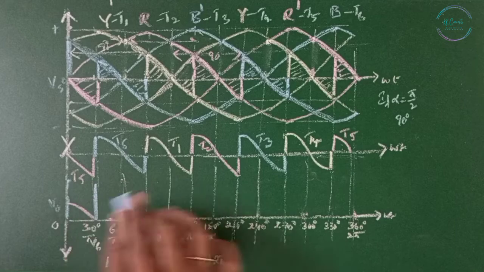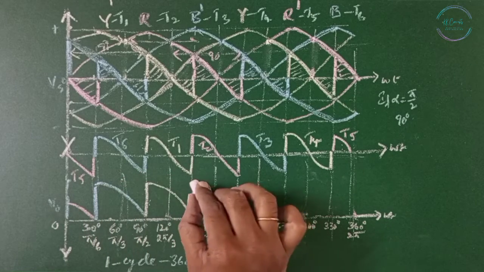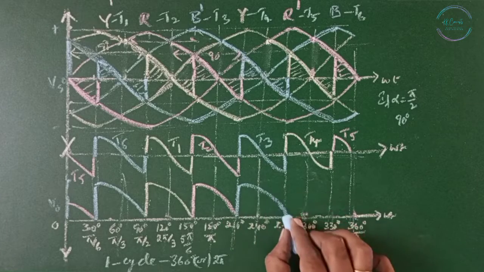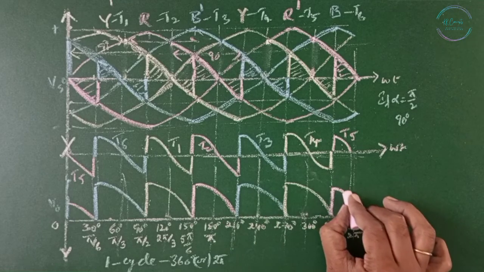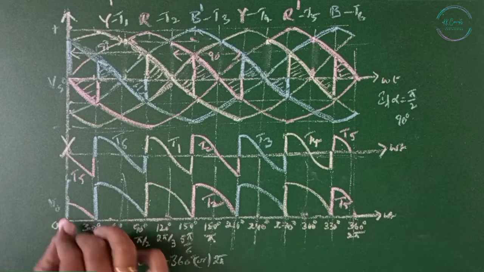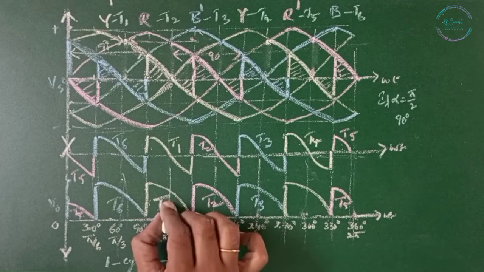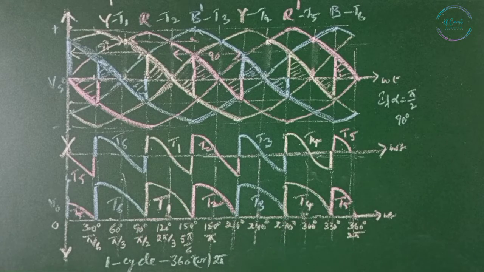So now we can say this is T2, T5, half of the part is here, T6, T3, T1, T4. Even for alpha equals 90 degrees, for one cycle we are getting 6 pulse continuous operation.